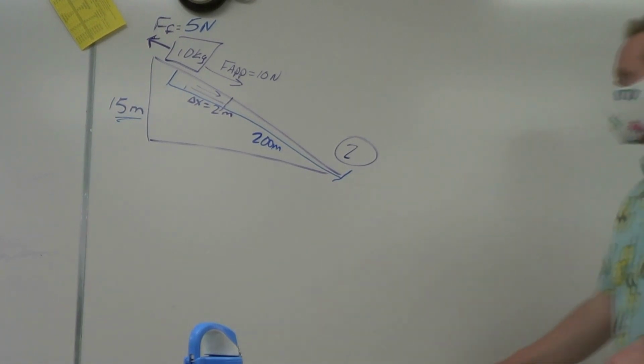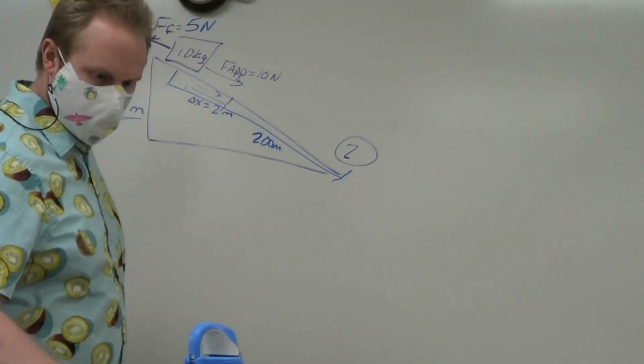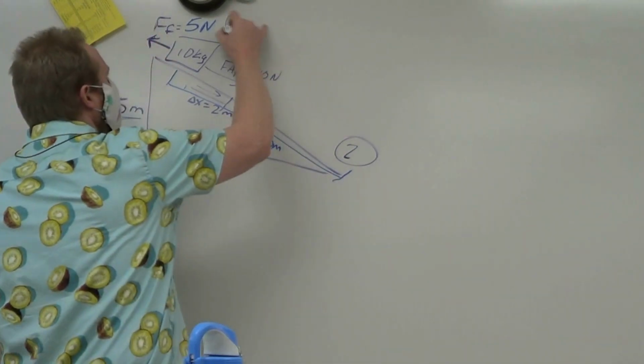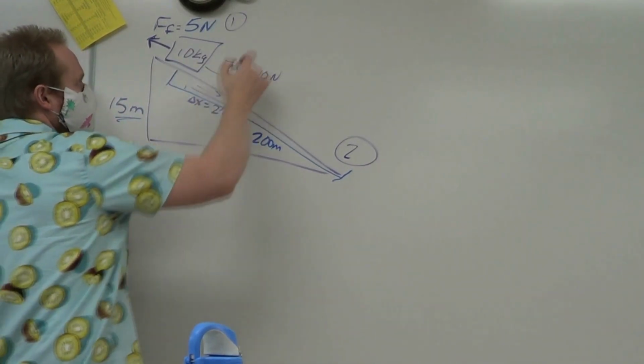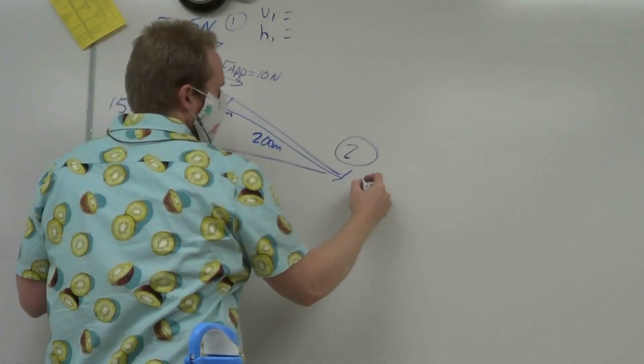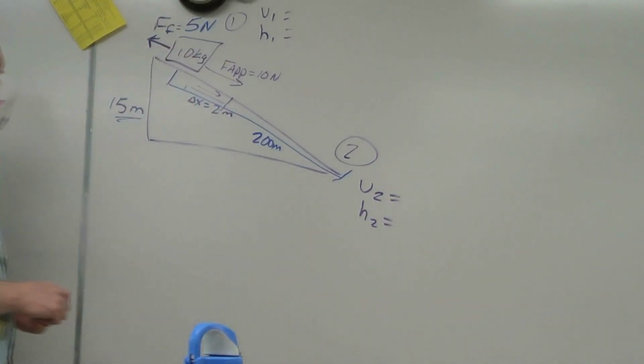The question that is being asked is how fast are we going at the bottom of the hill? So it's a 2-location problem. We start at the top of the hill. We end, or the baby, I should say, ends at the bottom of the hill. V1, H1, V2, H2. It's a 2-location problem.